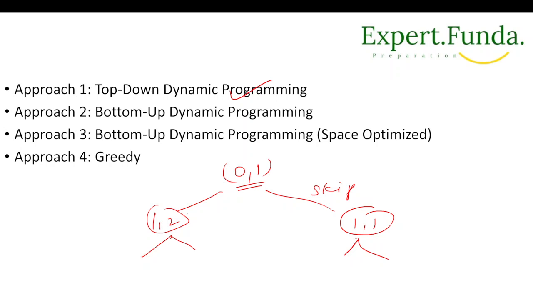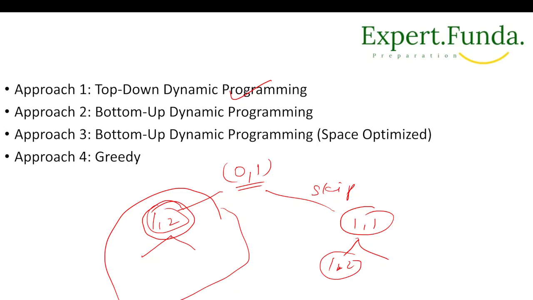Suppose we have already calculated this part, so if 1, 2 comes here again, this part is already stored in the dp. We have already stored this calculation, so we will not do it again. That's why it is called dp. I think you are already aware of dp. If not, don't worry. Let's continue understanding in the code browser.